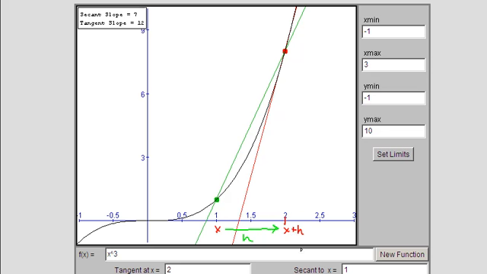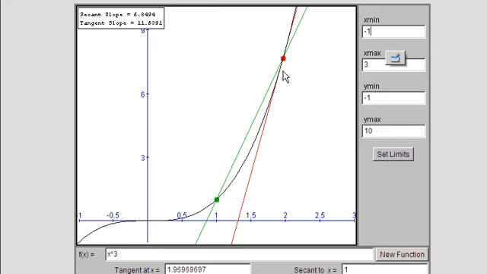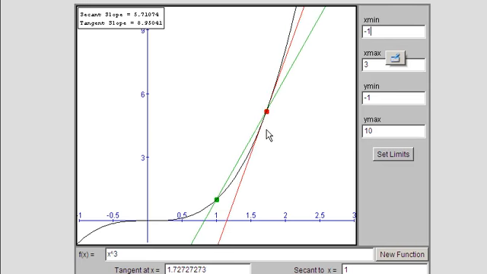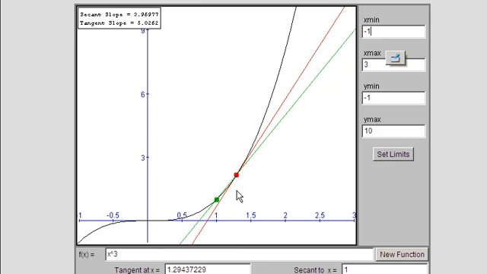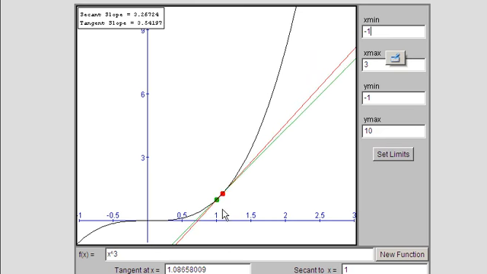Now, what I want you to see here is the green secant line. Notice now if I were to take that h distance and close it, notice how the red tangent line, the closer and closer those 2 points get, the secant and the tangent line become the same line.